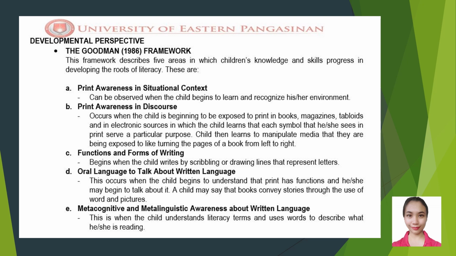These are print awareness and situational context, print awareness and discourse, functions and forms of writing, oral language to talk about written language, and metacognitive and metalinguistic awareness about written language. So first, we have the print awareness and situational context.